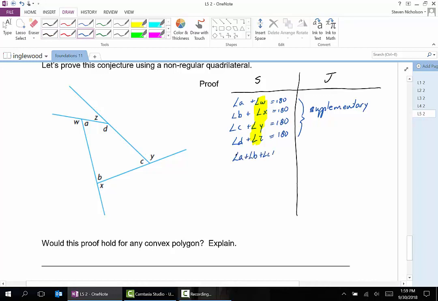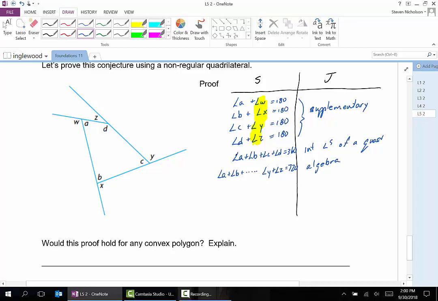So we know this plus this equals 360, again, interior angles of a quadrilateral. Now, if we add all of the inside together and all of the outside together, we get angle A plus angle B plus angle C plus angle D, all the way up to angle Y plus angle Z. And we know they equal 720 degrees because we're putting together all of that stuff above.